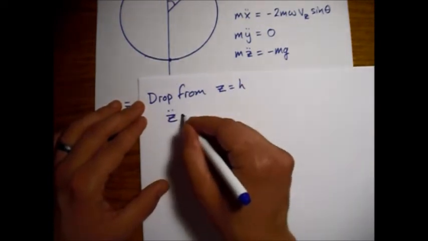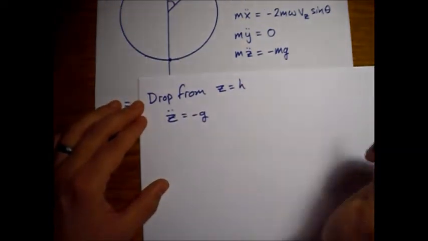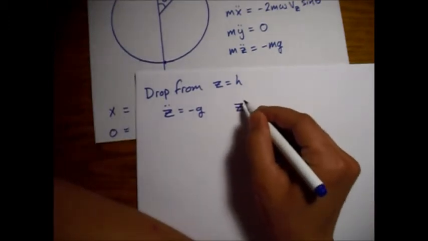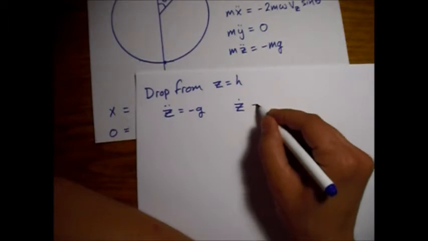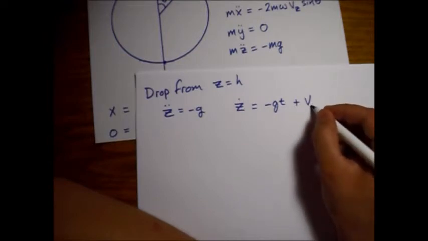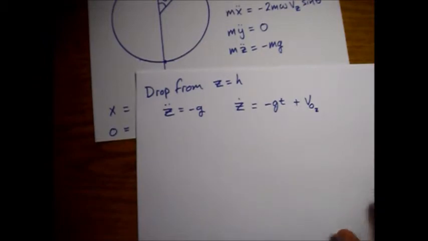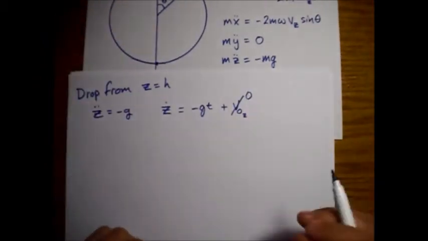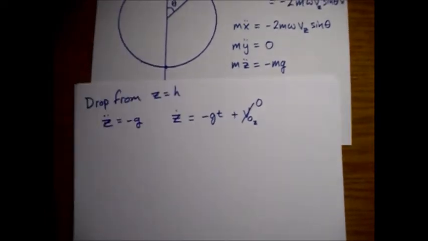We have z double dot equals minus g. All right, integrating this, we will have z dot equals minus g t plus the initial velocity in the z direction, which in this case is 0 because we're just dropping it. In the next case it won't be 0.